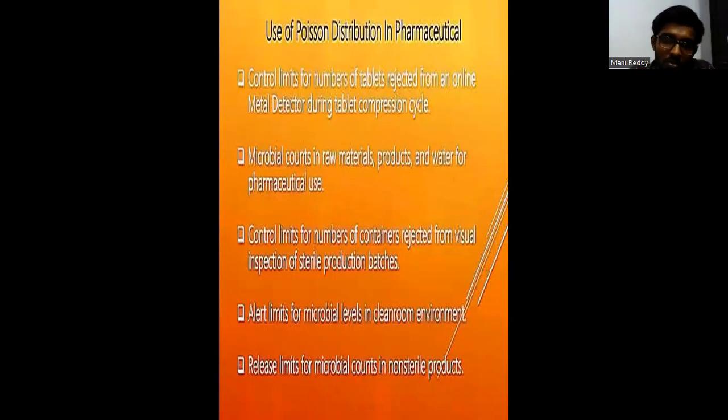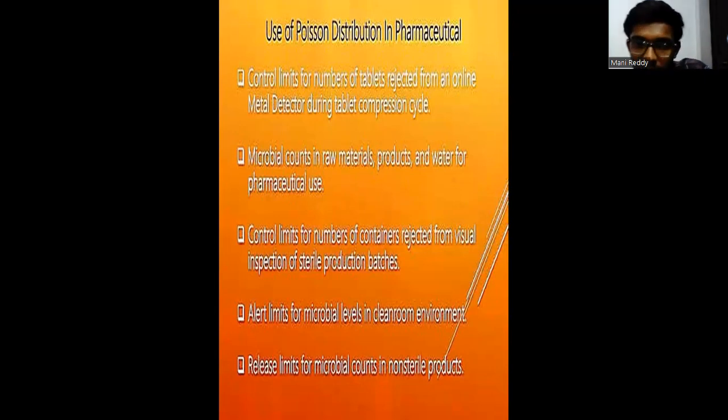Use of Poisson distribution in paramedical. Paramedical means doctor, medicines, hospital. This Poisson distribution is also used in paramedical. We learn in what way they use it.